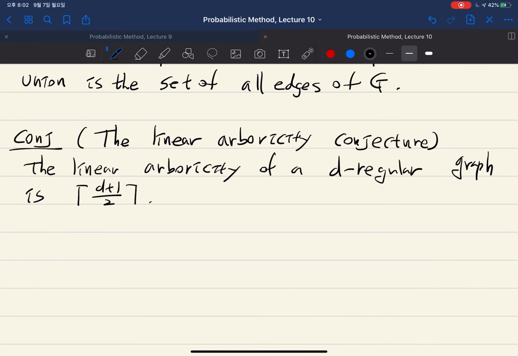If you consider, why would we have this number?